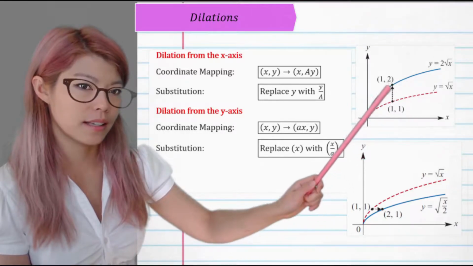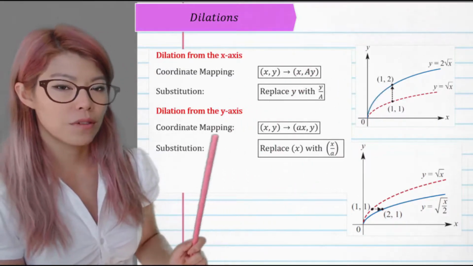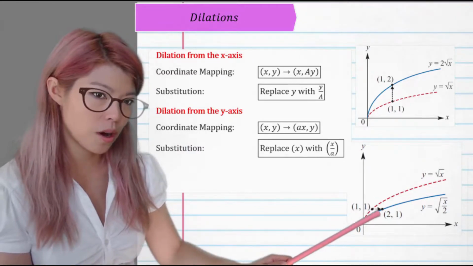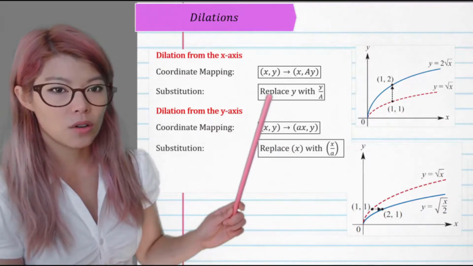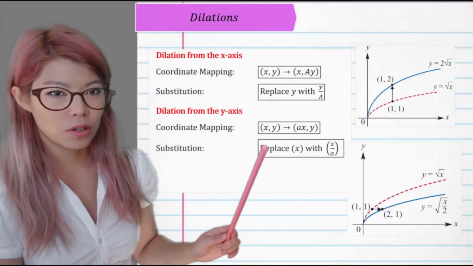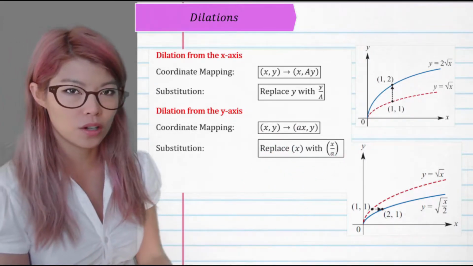Away from the x-axis. It's changing the y value. See, 1 becomes 2. Whereas dilation from the y-axis, see, going away from the y-axis, we can see that the 1 becomes 2. It's the x value that changes. So again, the coordinate mapping, we would write the coordinate in the image, and in the substitution, we just substitute in the equation with x over a straight away.